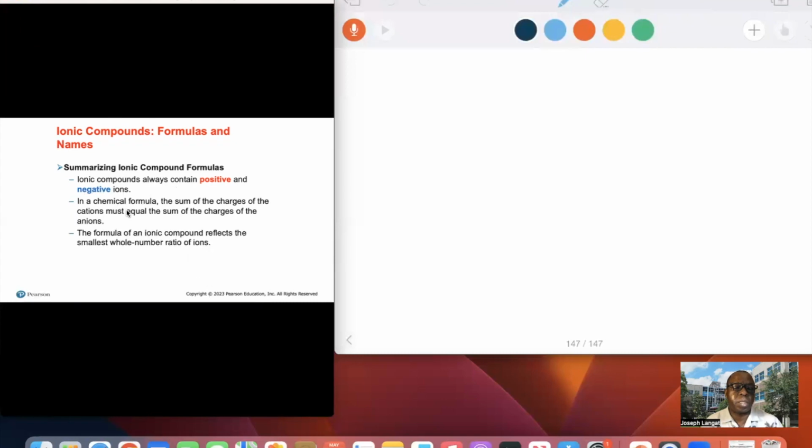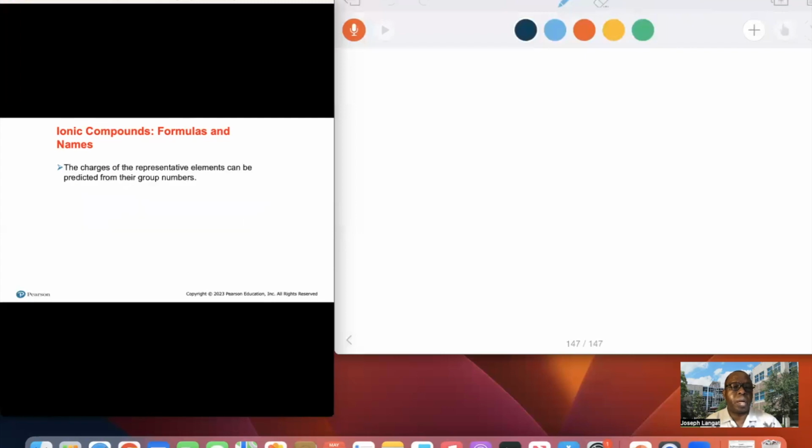We will come back to a better way of handling the total sum of charges in a compound. The charge of a representative element can be predicted from the group. That's what I just did.